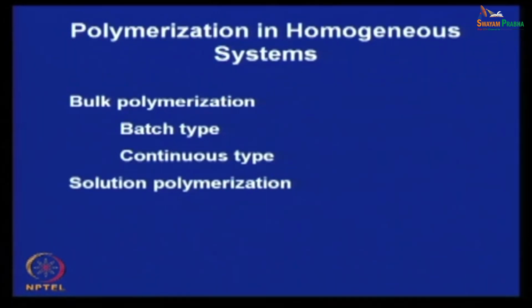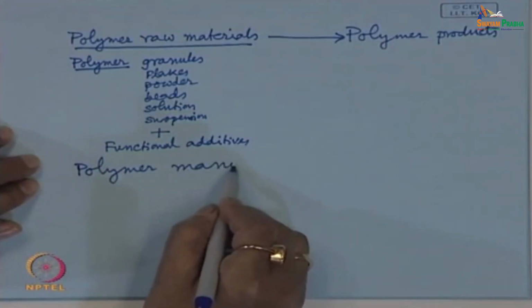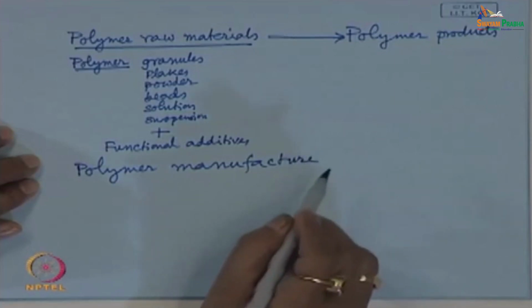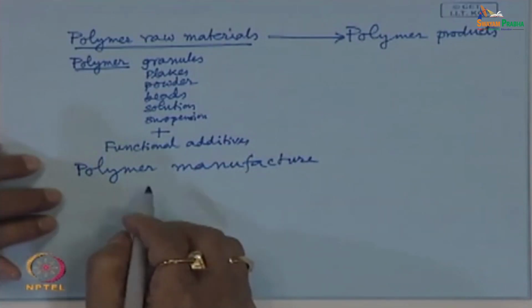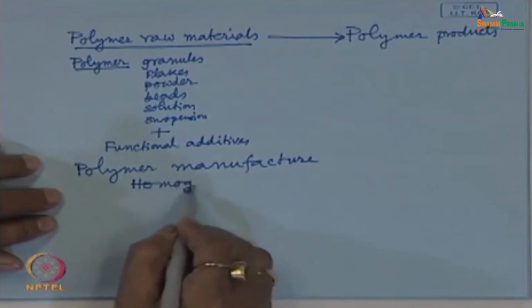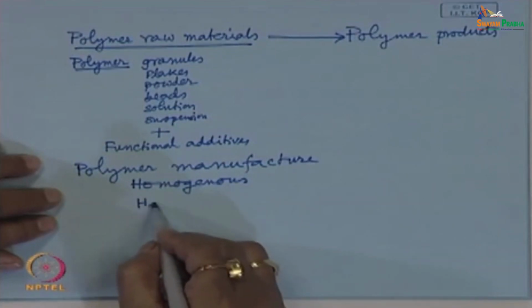Polymer can be manufactured by homogeneous system as well as heterogeneous system.